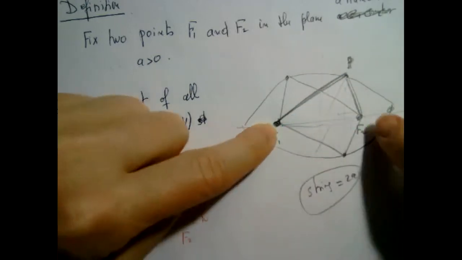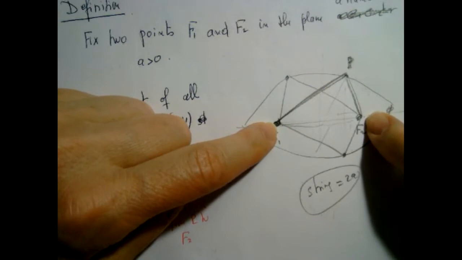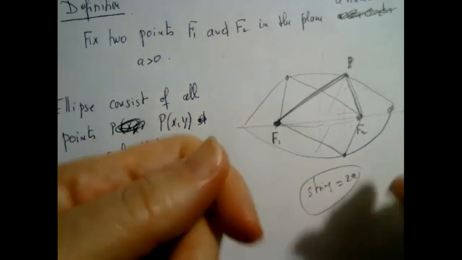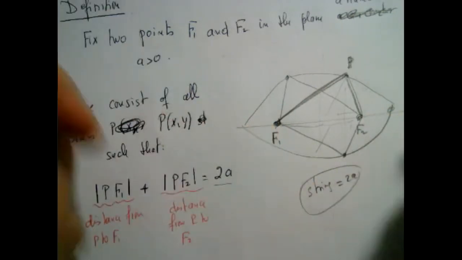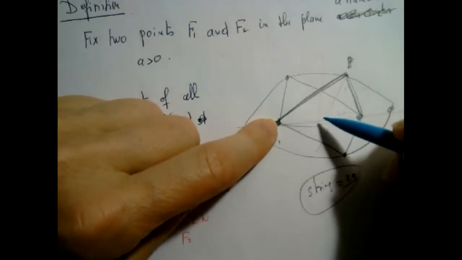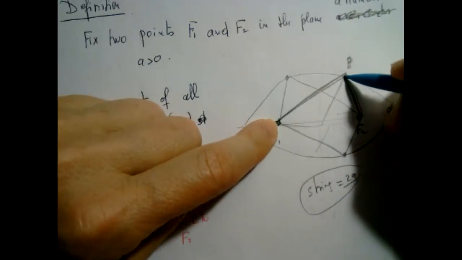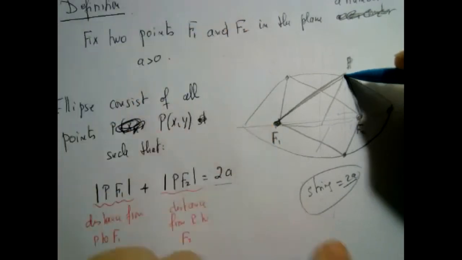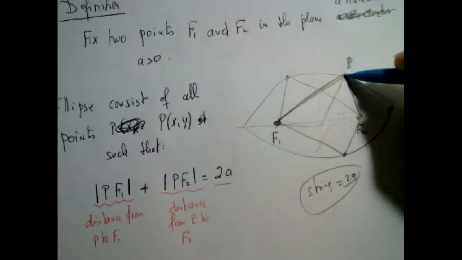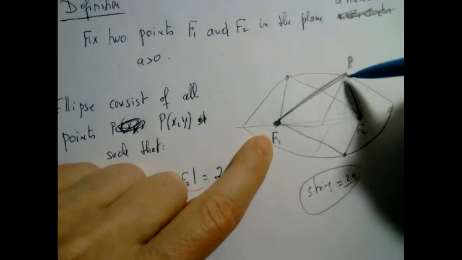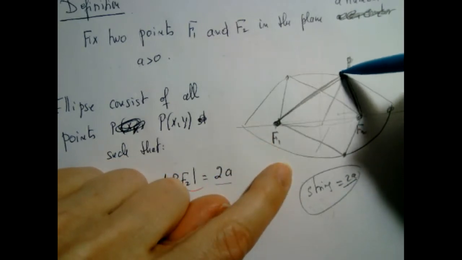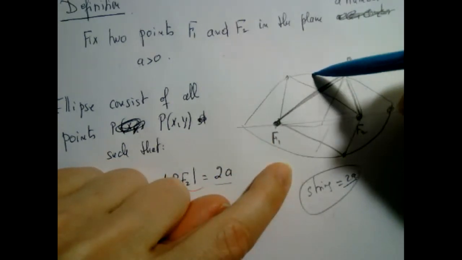So fix those, nail them down, they don't change. Take a simple string of length 2a, and then take your pencil and stretch it a little bit. Usually when I teach in class, you do it in class, it's fairly simple. Then start moving the string.